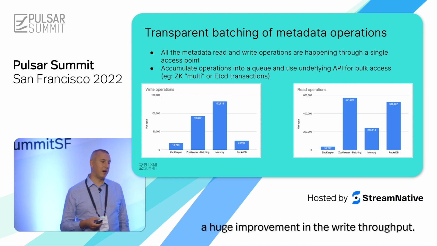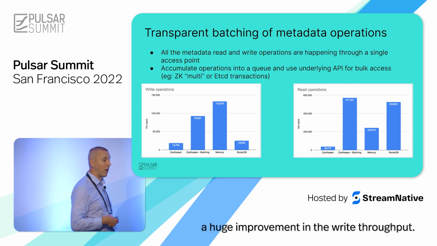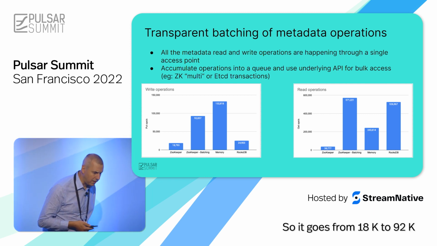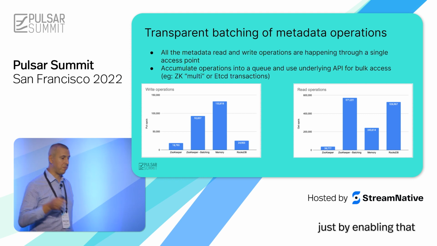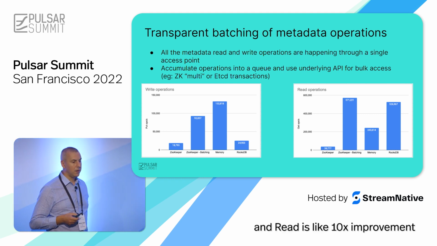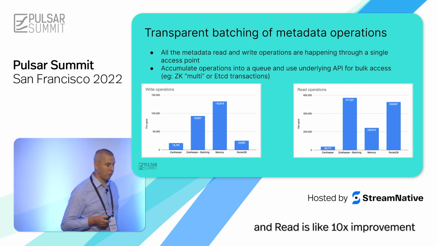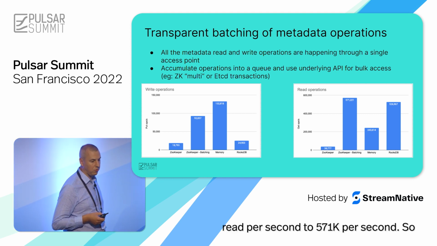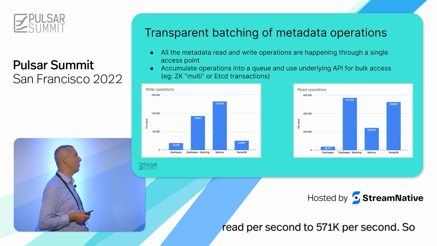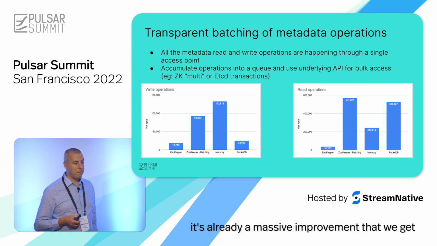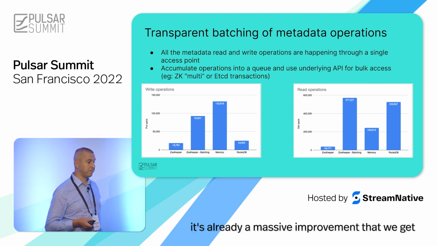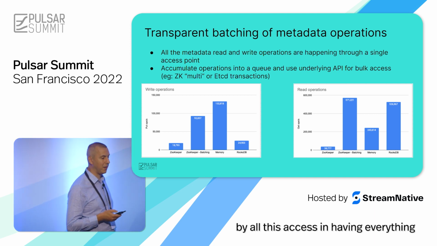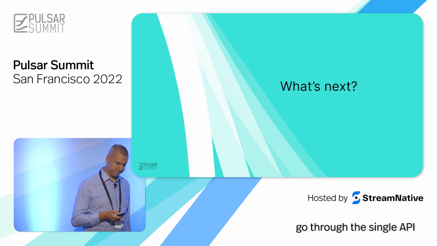That gives a huge improvement in the write throughput. In ZooKeeper it goes from, say, 18K to 92K just by enabling that. And reads see more than a 10x improvement, from 38K reads per second to 571K per second. So it's really a massive improvement that we get from all this exercise of having everything going through a single API.